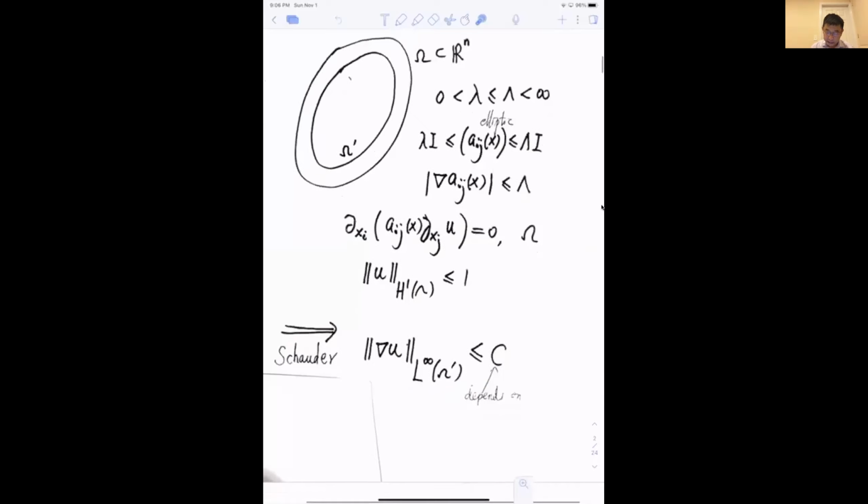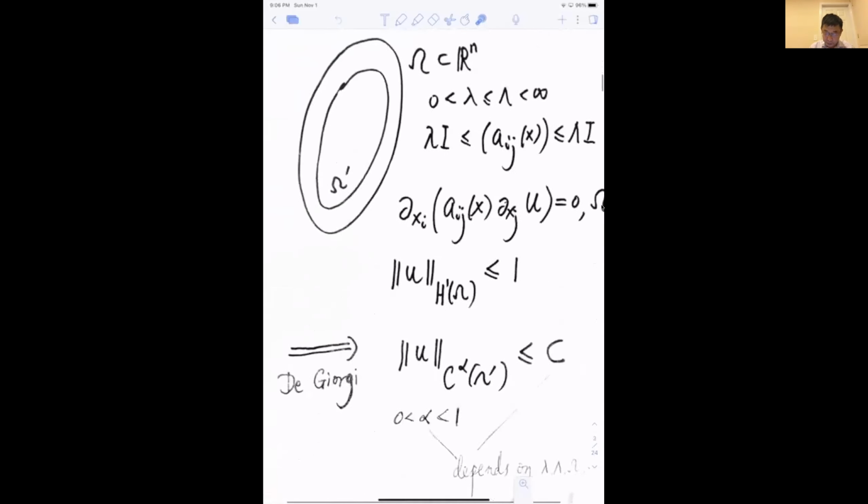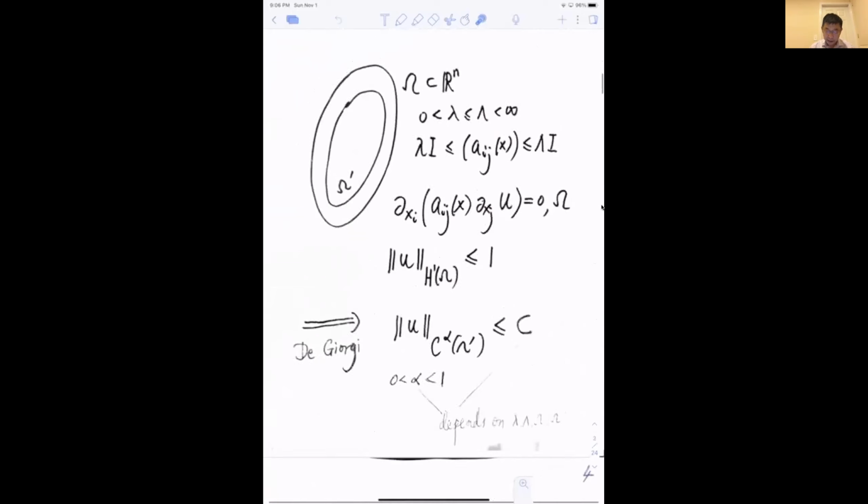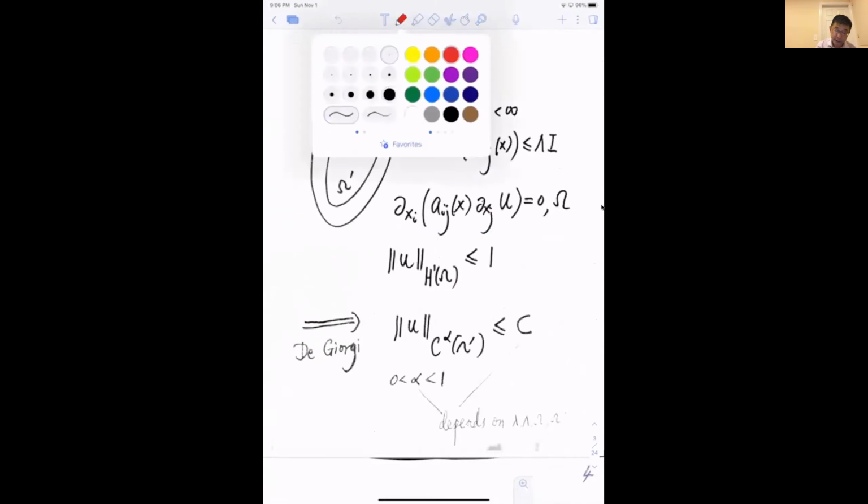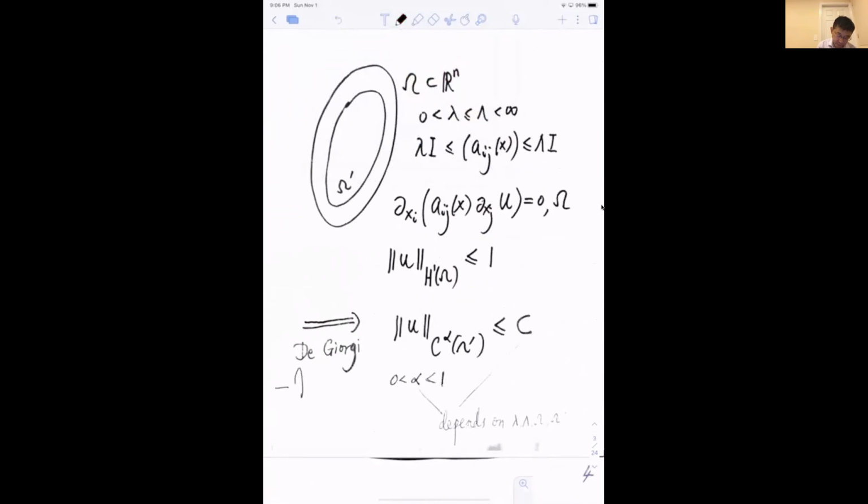If you don't assume that a_ij is so regular, so you only assume ellipticity and divergence form, and you have control of the H1 norm, then the De Giorgi-Nash theory will tell us that the Hölder norm of u is bounded by a constant, for some alpha.